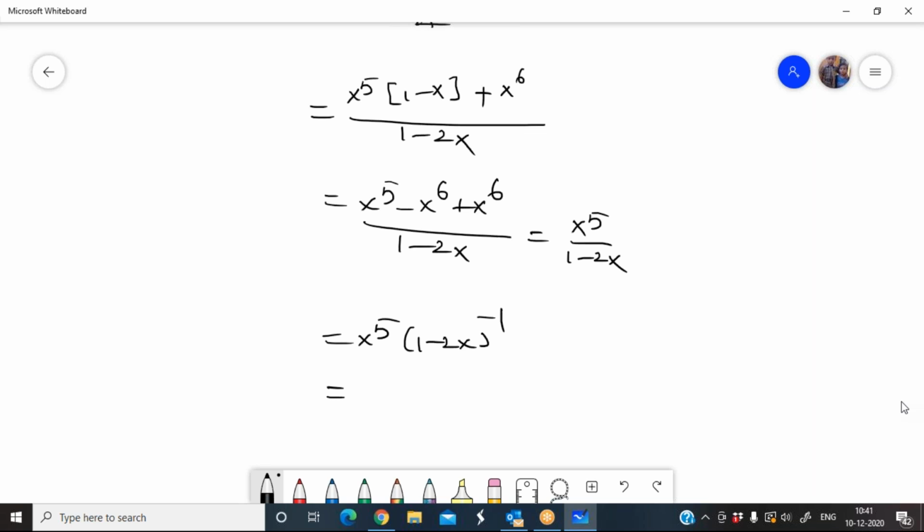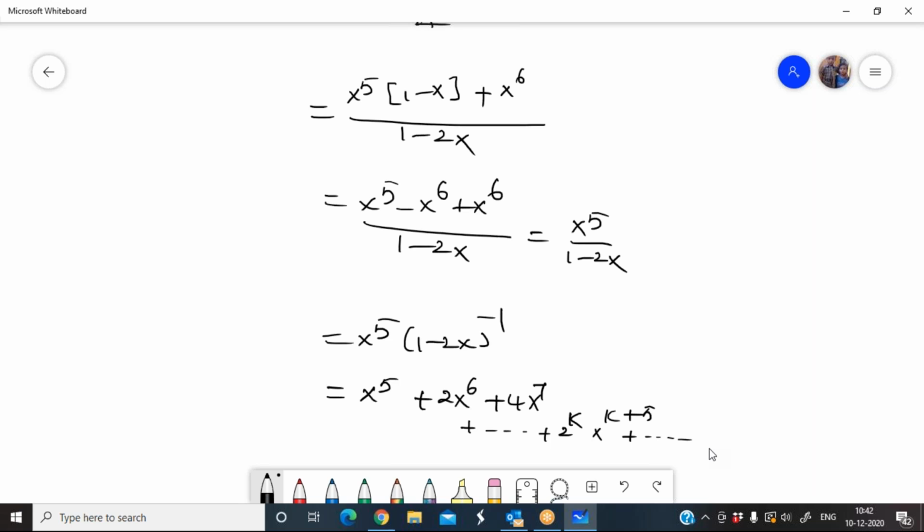Again from the binomial expression you can write x^5 plus 2x^6, plus 4x^7, plus up to 2^k x^(k+5), and so on to infinity, or 2^n x^(n+5) and so on to infinity. Is it okay?